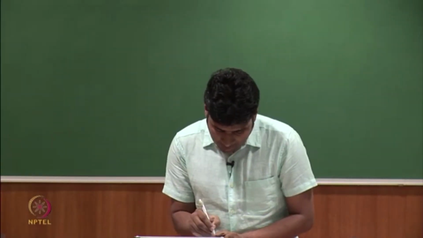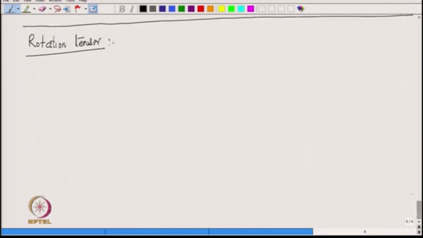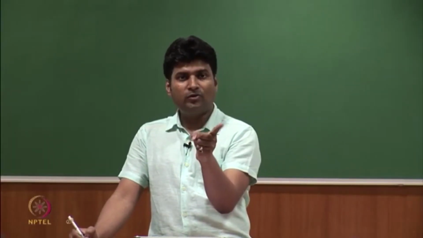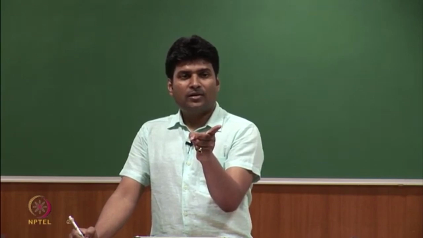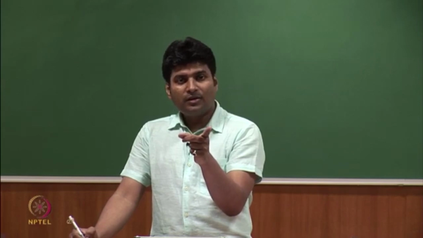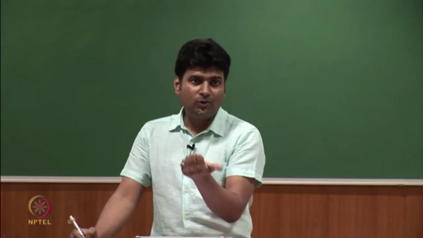There is also something called rotation tensor. So, this is the physical rotation. You have a vector, you rotate, you get a new vector. So, we are thinking it physically, but mathematically what should you do on that vector to get the new rotated vector?